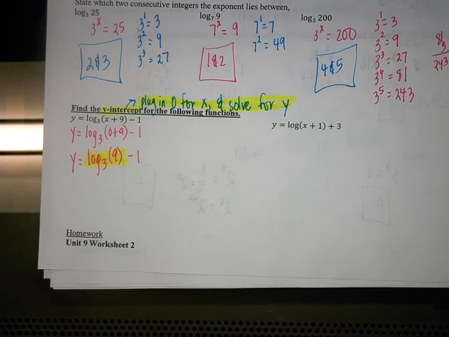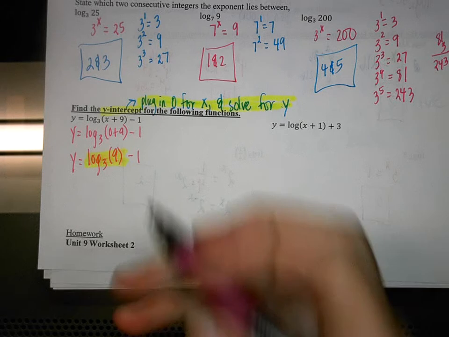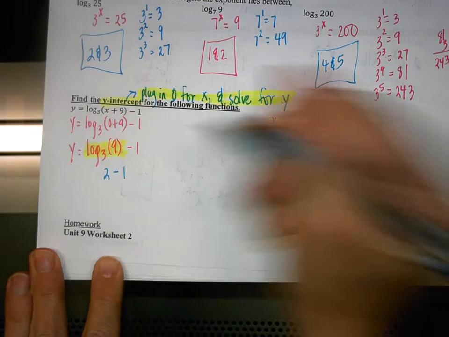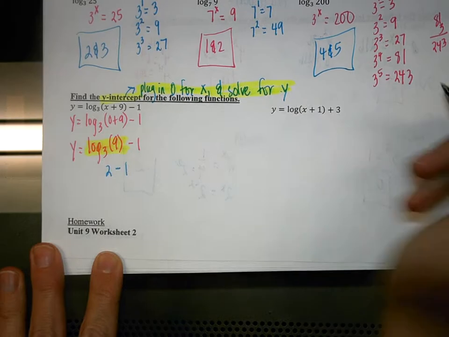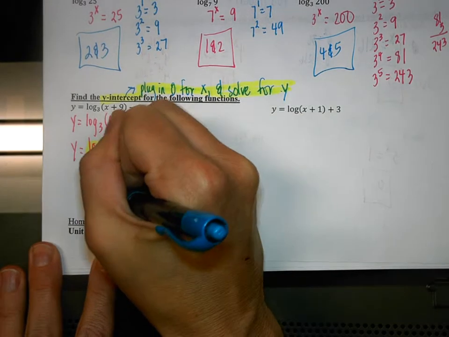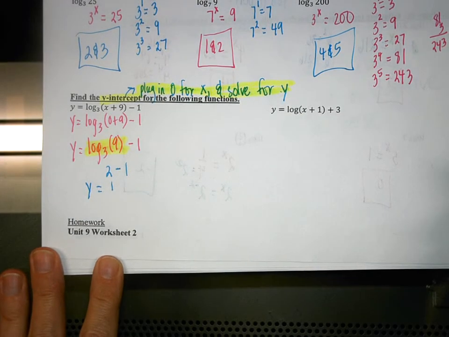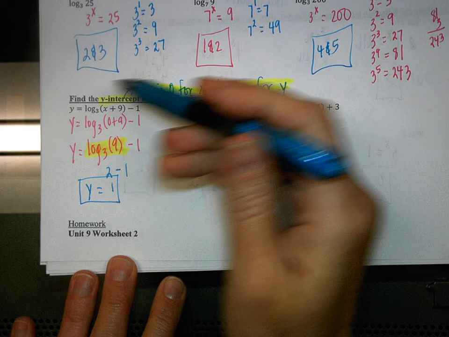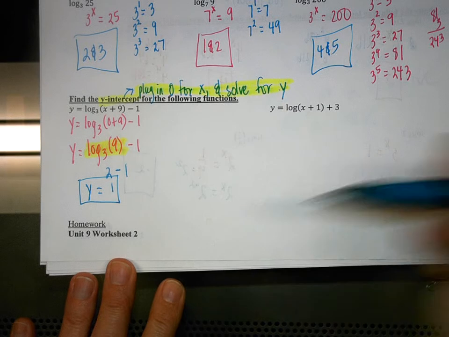What is it? 2. And so now we have this problem. We know that this is 2, and 2 minus 1 is what? 1. So guess what my y-intercept is? 1. That's it. So while that looked difficult, not so bad, right?